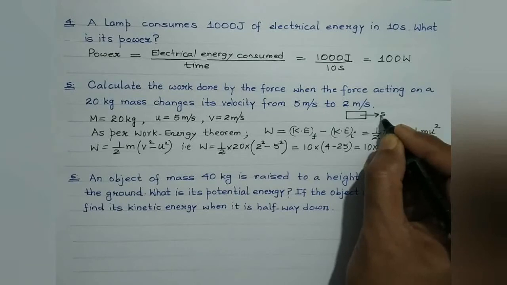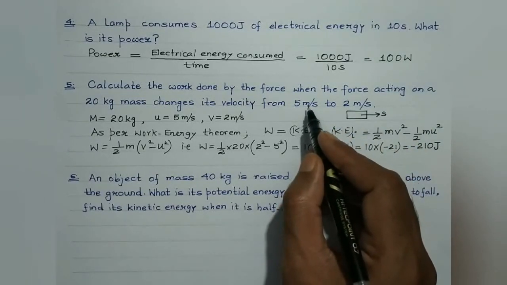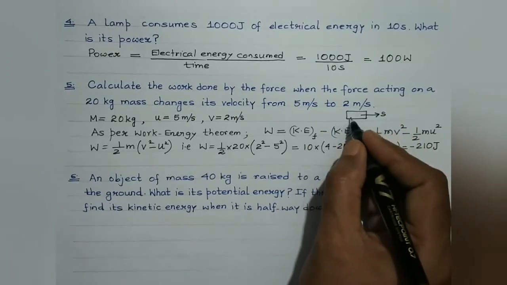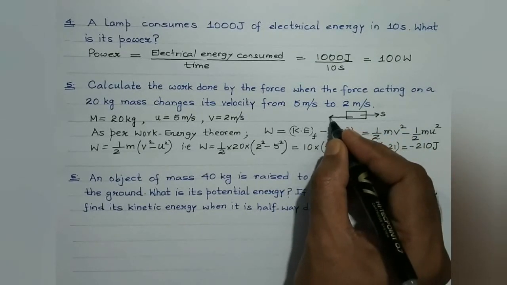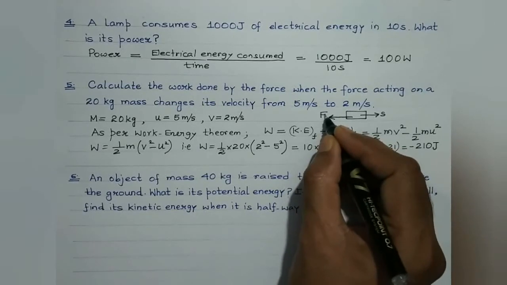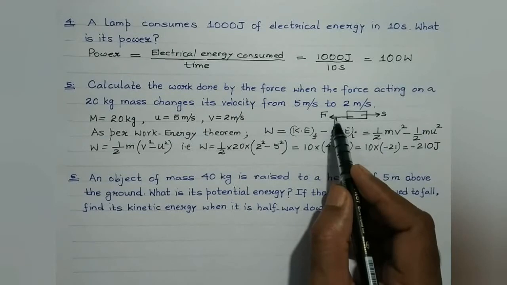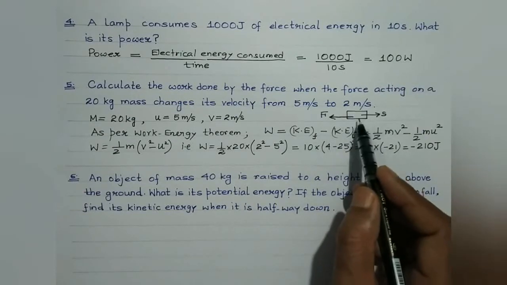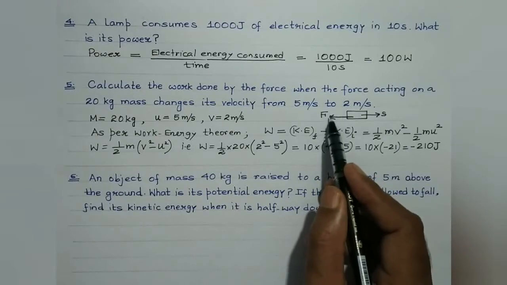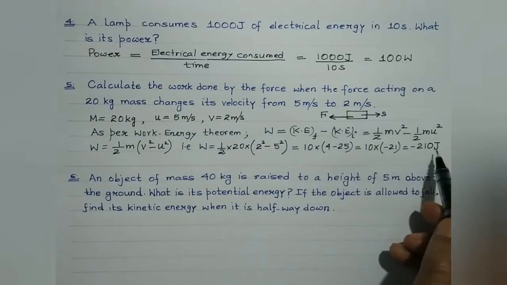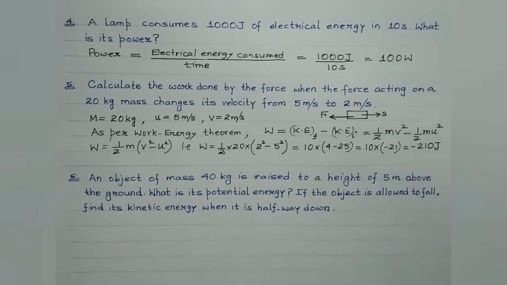This is the displacement of the body. Since the velocity of the body is decreasing, the force must be acting in a direction opposite to that of the displacement of the body. And we are aware, students, whenever the force acts in a direction opposite to which the body moves, it is a retarding force. And work done by a retarding force is always negative. Right? So the answer is minus 210 joule.